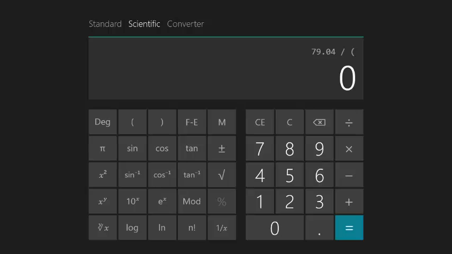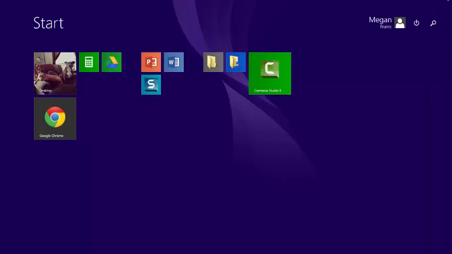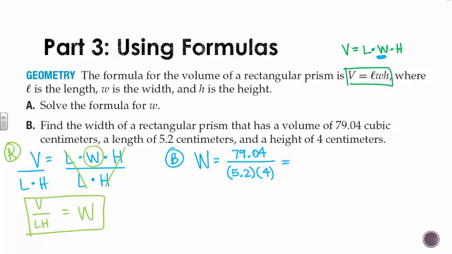Oh, this didn't type in right. So let's try this again. 5.2 times 4. Alright, so we end up with 3.8. So that gives us a width of 3.8 centimeters. And that's it.